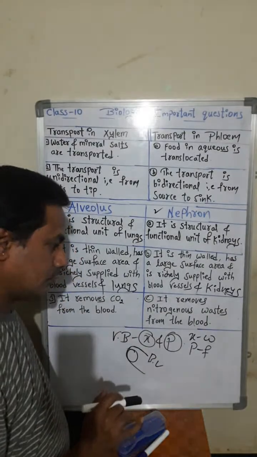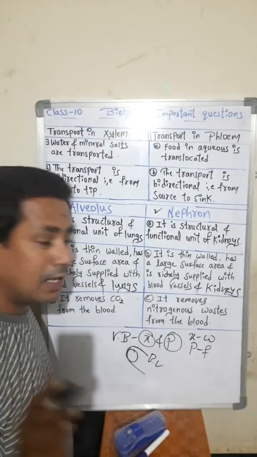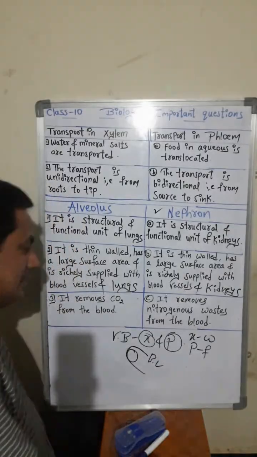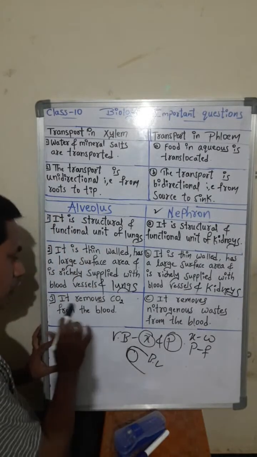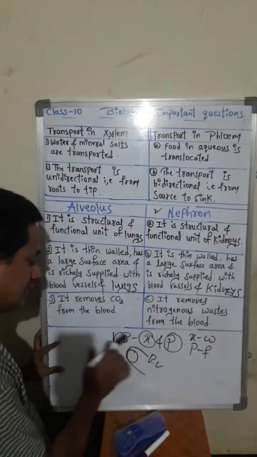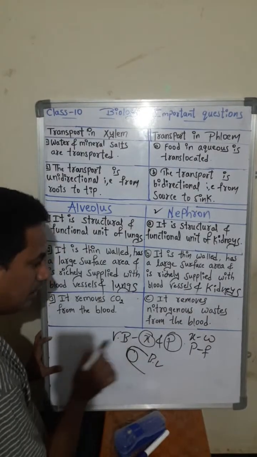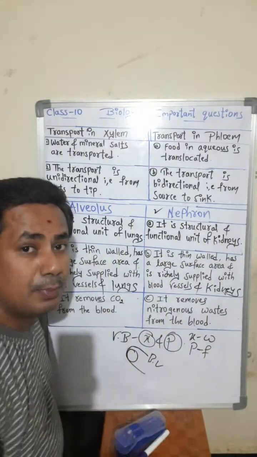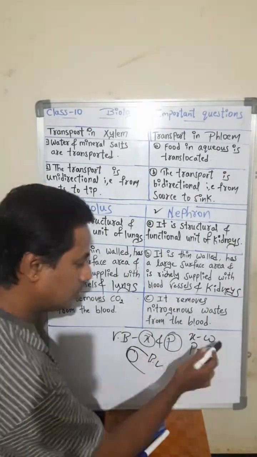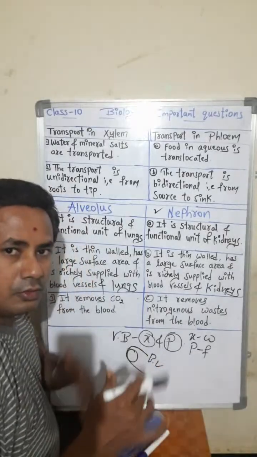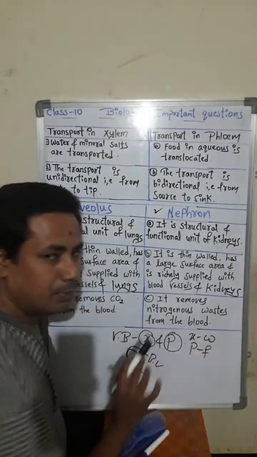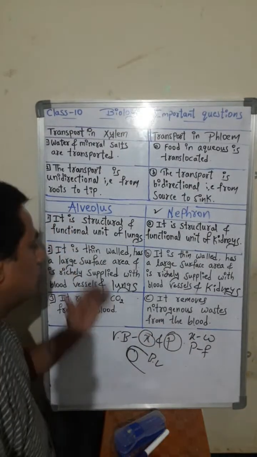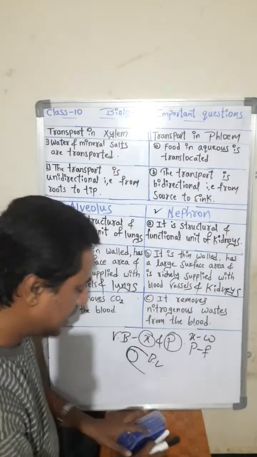So the fourth point I have already told you: it supplies oxygen, it gives oxygen to the blood. Here, nephron filters the blood, cleans the blood, filters the blood and sends it back. So you can add the fourth point also in the difference between alveolus and nephron.